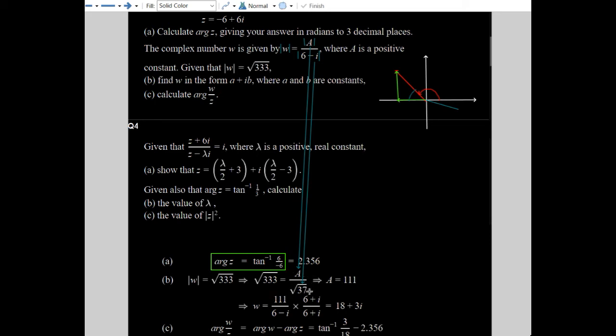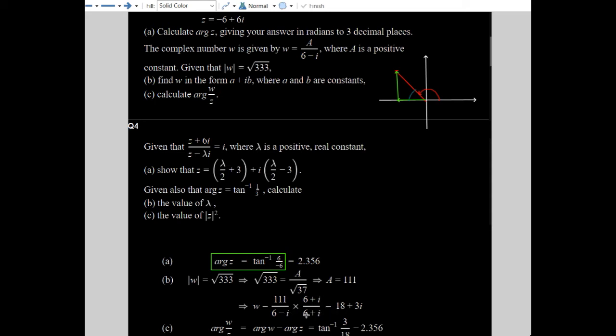Since a is equal to 111, and in any situation where you're trying to find something in the form a plus ib, what we need to do is multiply by the complex conjugate of the denominator, as we will have seen in many other situations with a complex number underneath. You multiply top and bottom by the complex conjugate, with the different sign, in order to sort out the i's in the denominator.